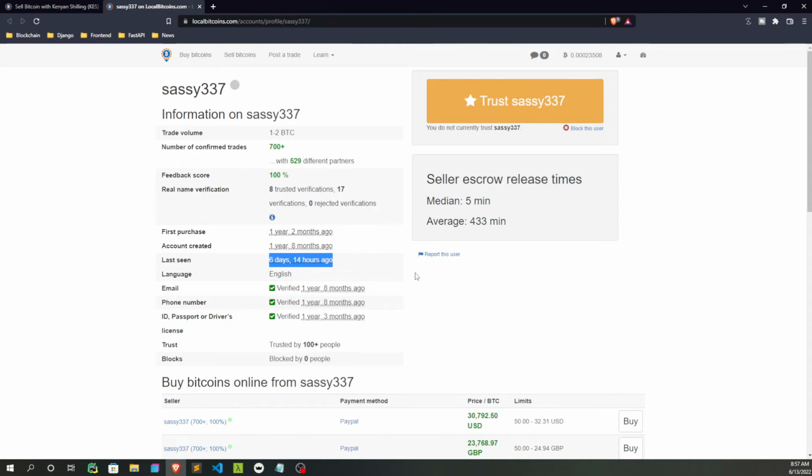So this is not a person you want to be trading with, because you will end up wasting your time. Once you open a trade, you're going to wait until it expires. This can take up to 1 hour depending on the time limit the user has set. So you have to be very careful on who you choose to sell to.